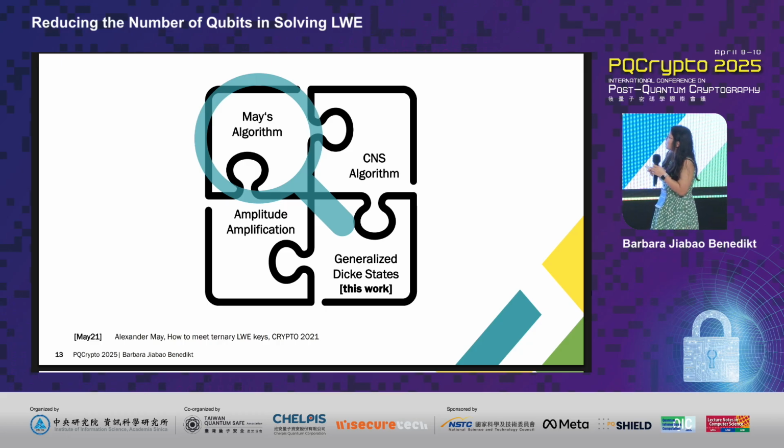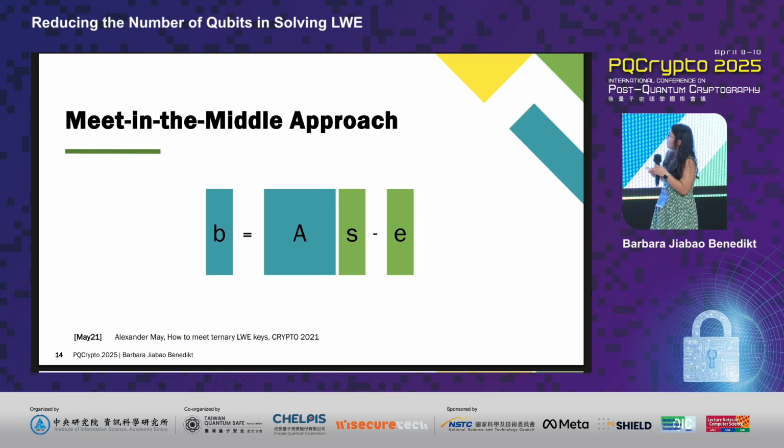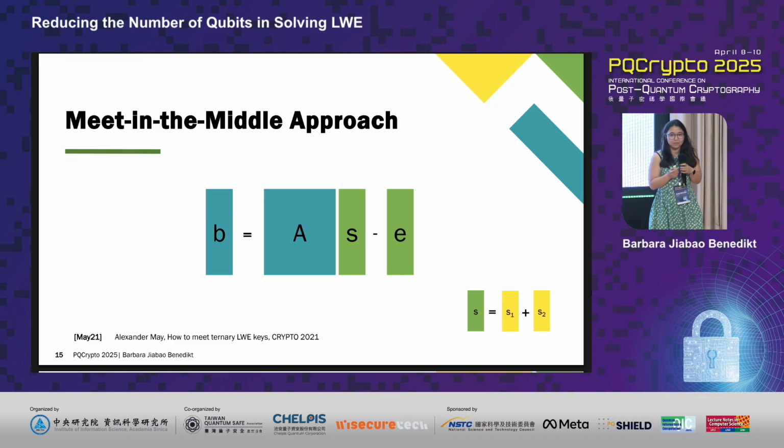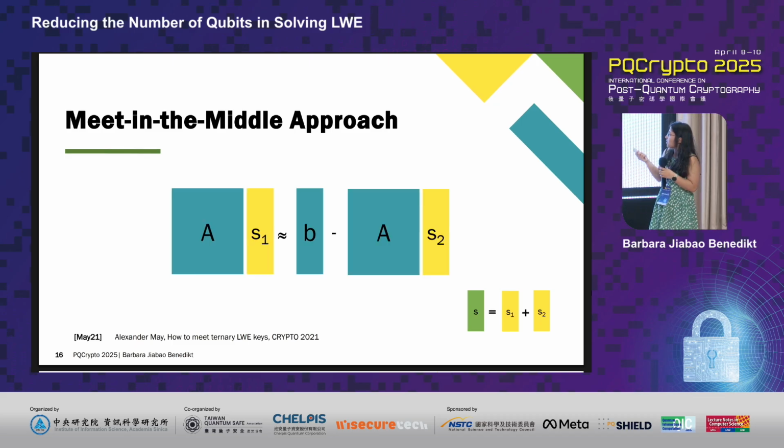So what is behind May's algorithm? May's algorithm is a purely classical approach following a meet-in-the-middle approach. This means that May takes the LWE equation you've seen before and splits the solution S into two parts, S1 and S2, and then rewrites the equation by putting S1 on the left-hand side of the equation and S2 on the right-hand side.